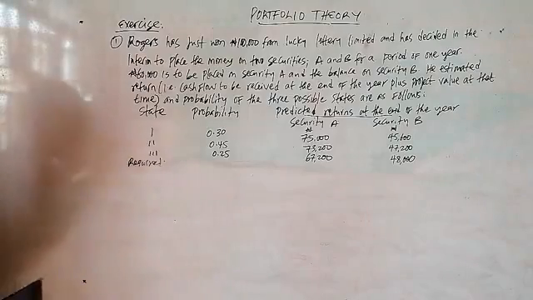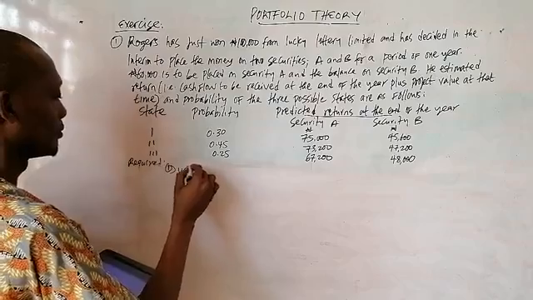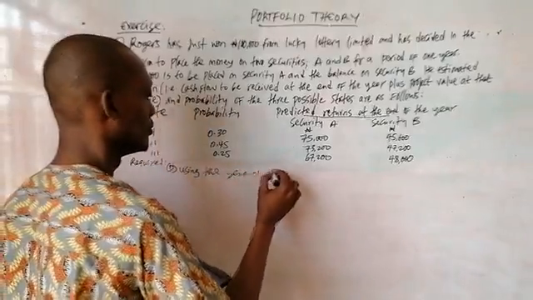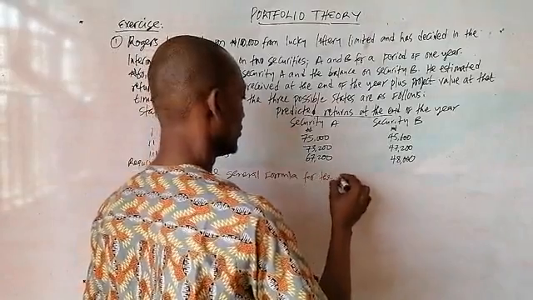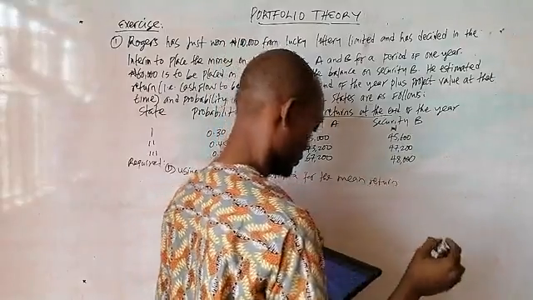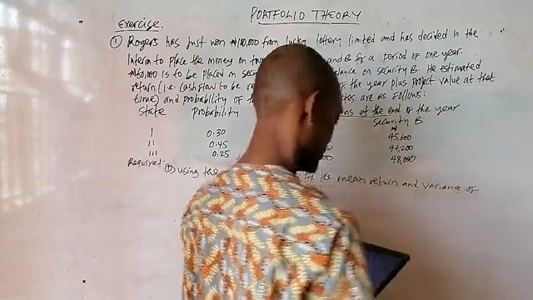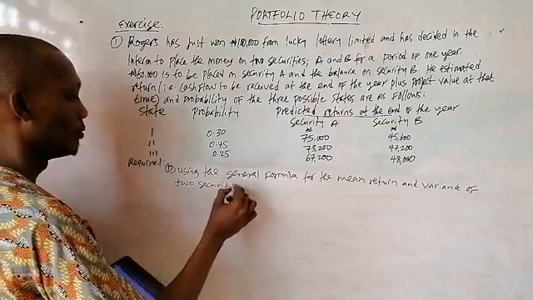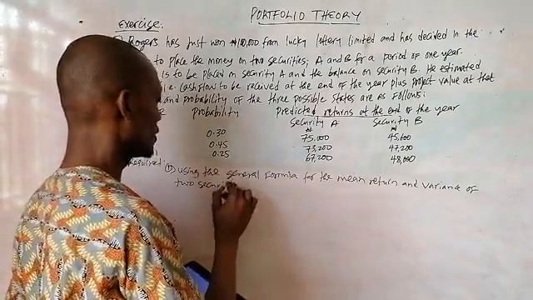Now the next method is using the general formula, the general formula for the mean return and variance of a two-security portfolio.